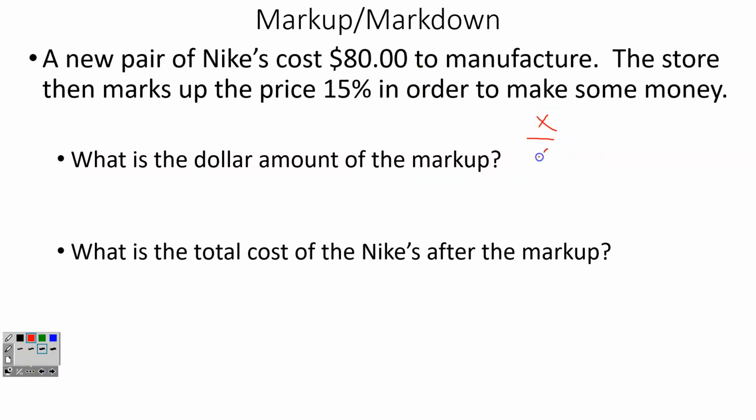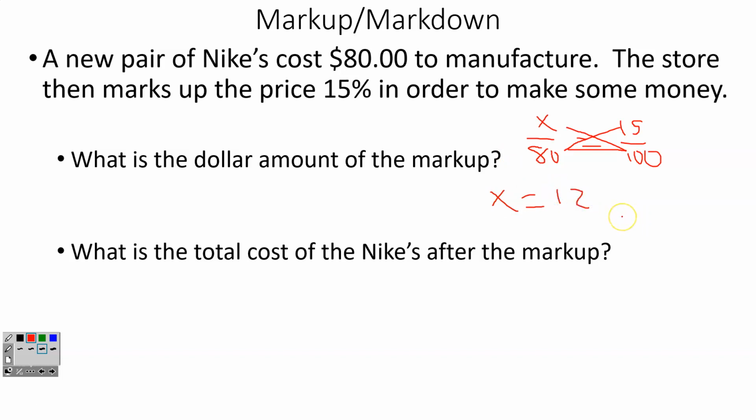The cost was $80 equals our percent over 100. I'm going to multiply numbers that are diagonal, so I'm going to do 80 times 15, and then divide by 100. And I get an answer of 12.